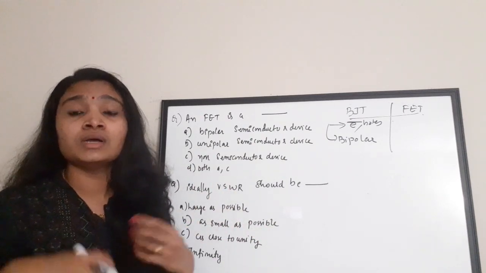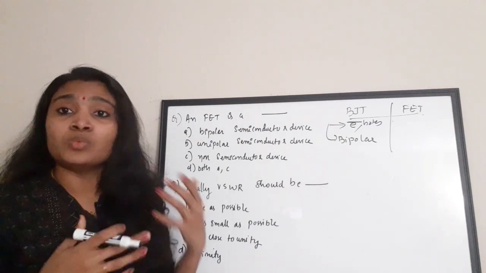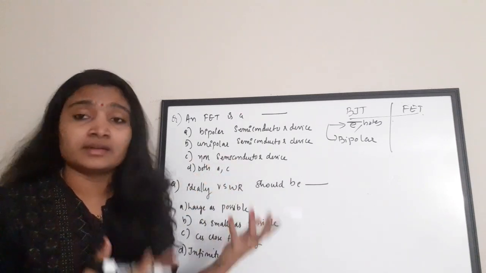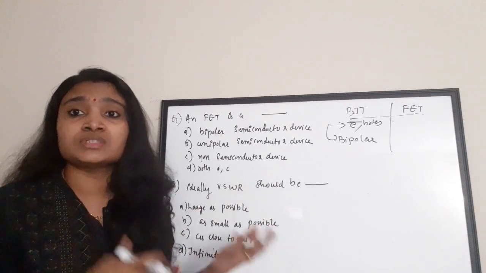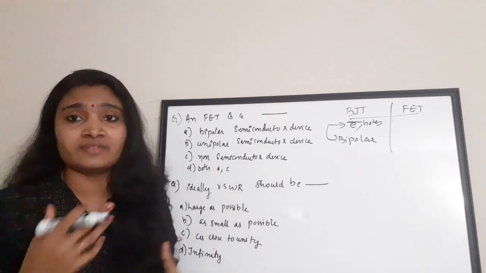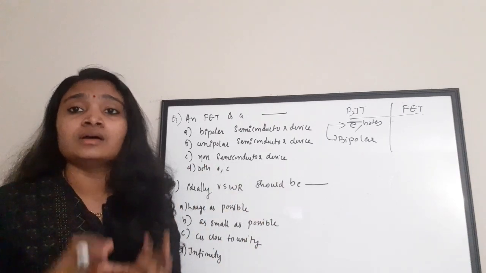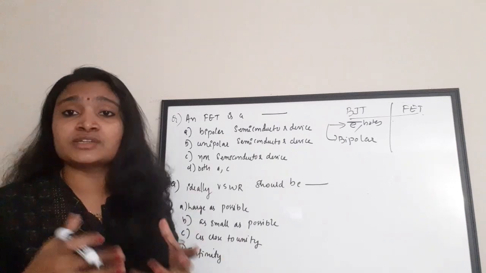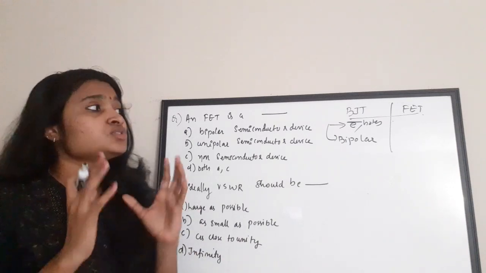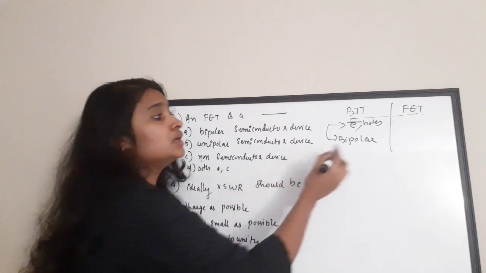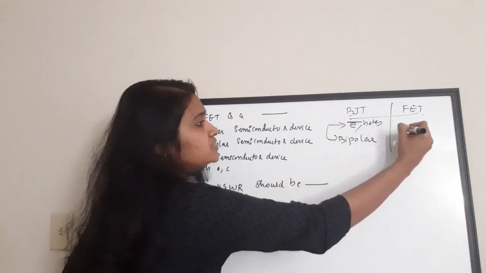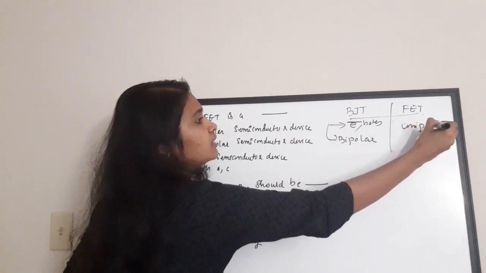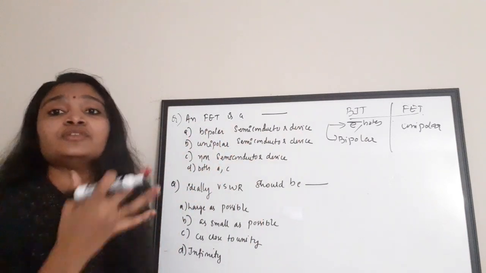You should be able to say that one has current contributed by both electrons and holes, whereas the other has current due to the presence of electrons only. That is why this one is bipolar and this one is unipolar. That is the main difference.